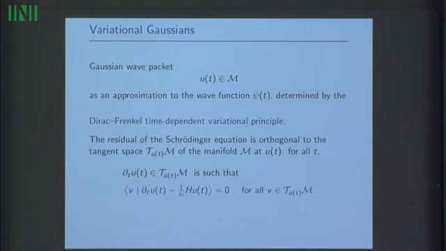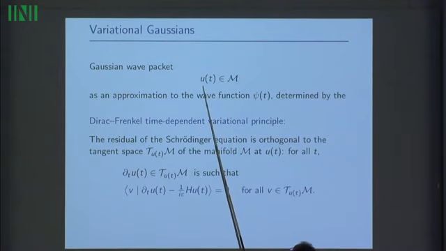And now let's come to variational Gaussians. This now leads us to a very general principle of how, given a differential equation which is too large, and given an approximation manifold, we get a reduced model which approximates our differential equation.